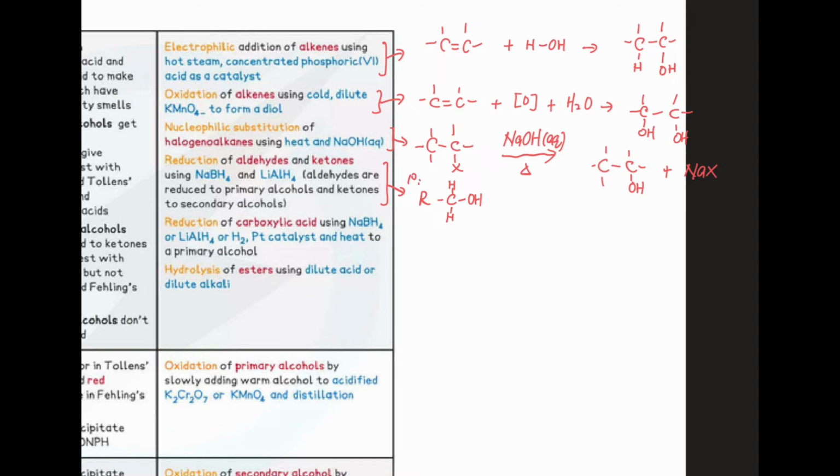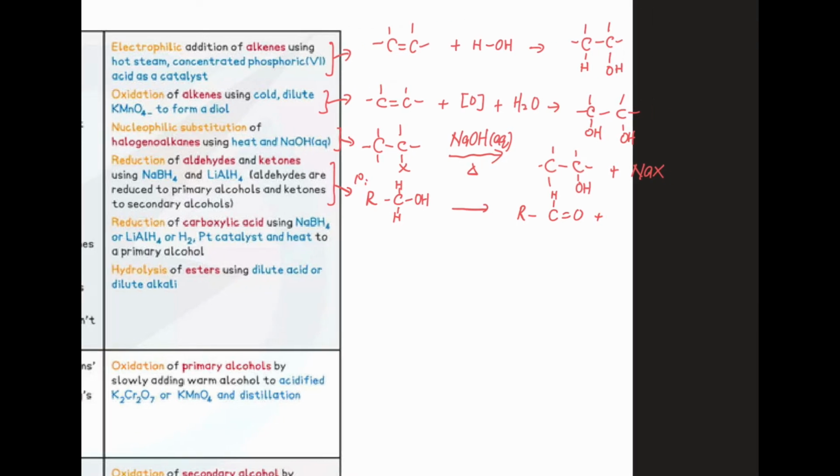So when you do reductions on this primary alcohol, what happens is you form R, C, double bond O, and then H.